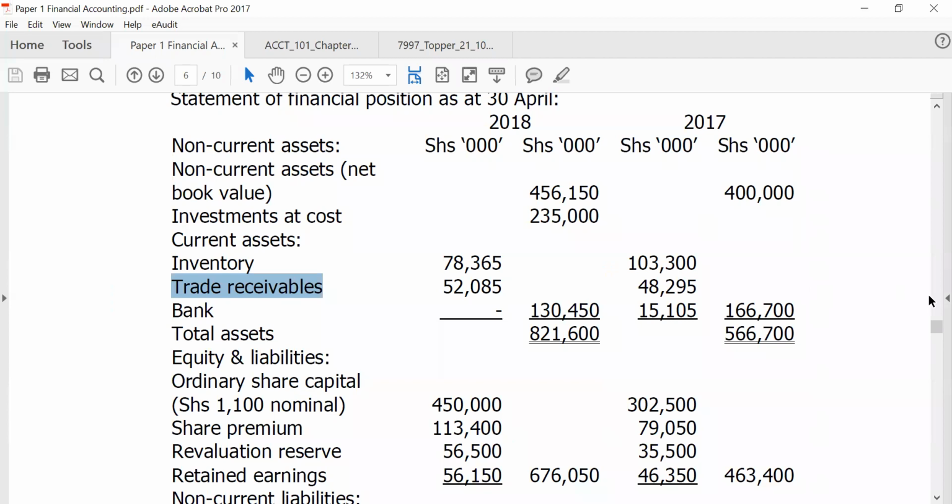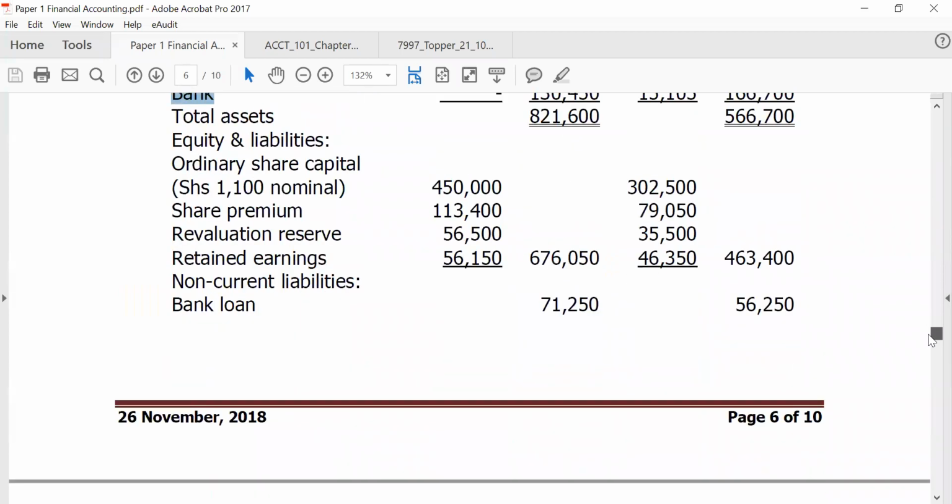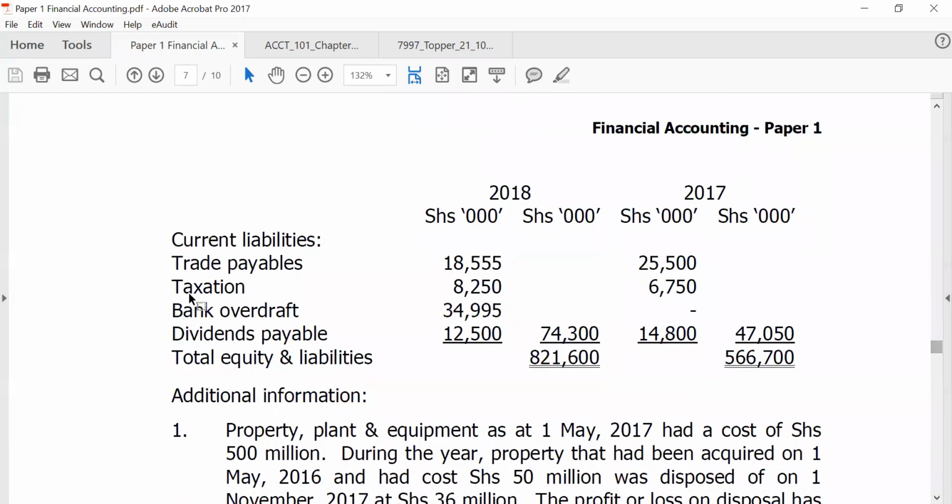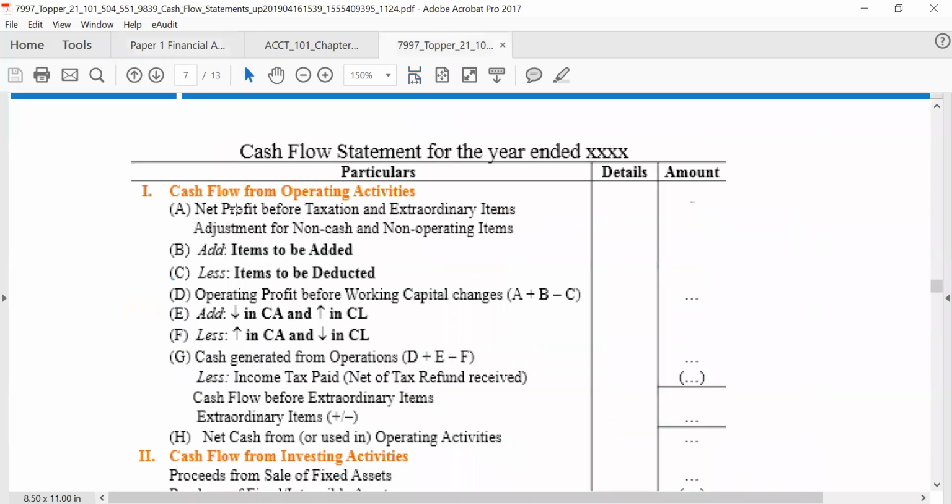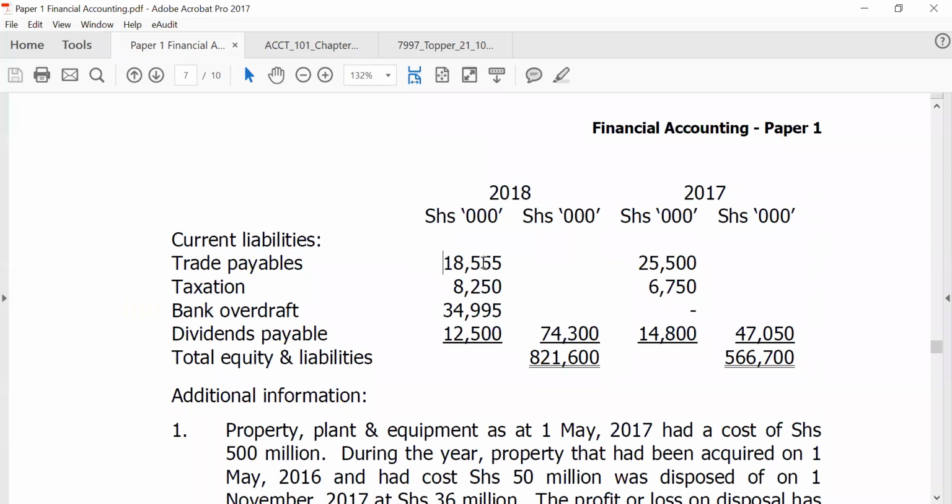Bank is excluded, you don't look at it because you're trying to do a cash flow statement. Bank would be used at some level, but you look at your liabilities here. Trade payables is one of the other things that you look at. So what you basically do is look at their movements, how they have moved from the previous year to the current year.